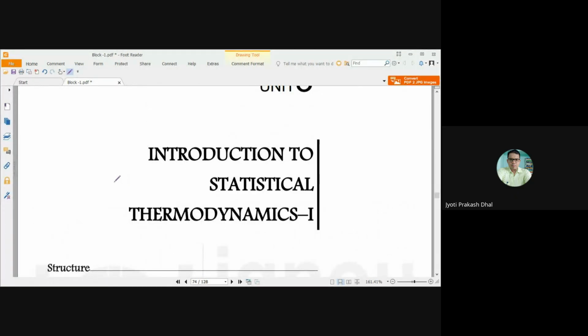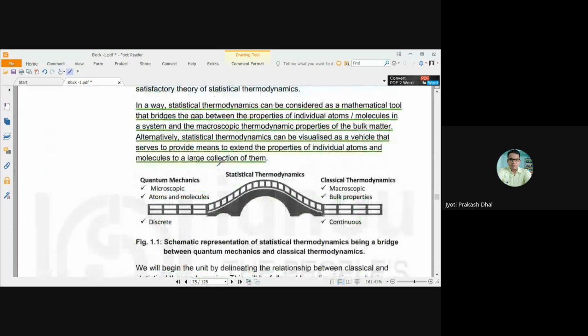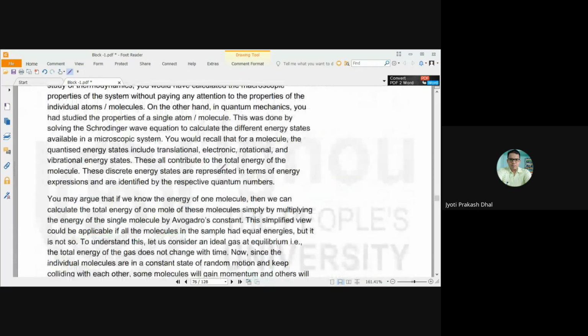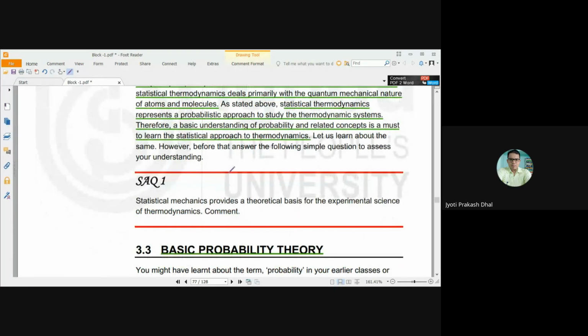So till now we have completed the general thermodynamics part, and after that we will discuss statistical thermodynamics. In statistical thermodynamics, 2 units are there. Statistical thermodynamics is a separate type of thermodynamics, different from what we have discussed up to now.